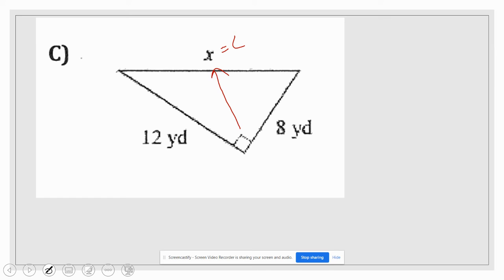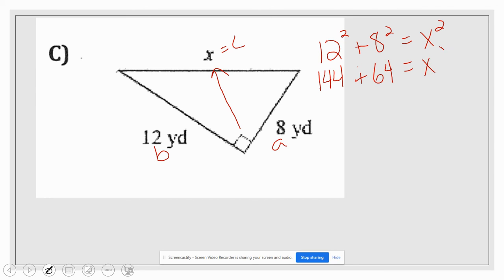That means that 8 and 12 are our legs, our A and our B. So 12 squared plus 8 squared is equal to, you can either use X squared or C squared, it doesn't matter. 12 squared is 144. 8 squared is 64. 144 and 64 is 208.